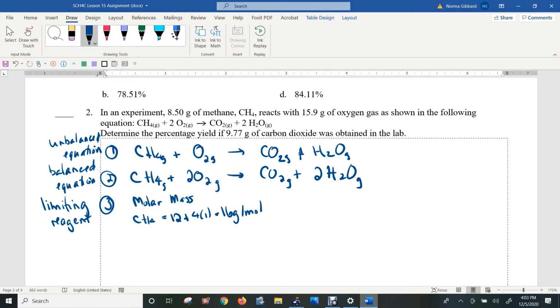For oxygen, it's 2 times 16. Now I'm doing this from the unbalanced, just to point that out. So O2 is 2 times 16, which is 32 grams per mole.